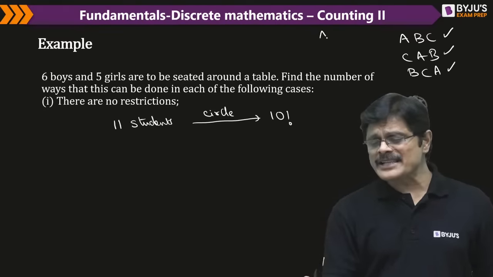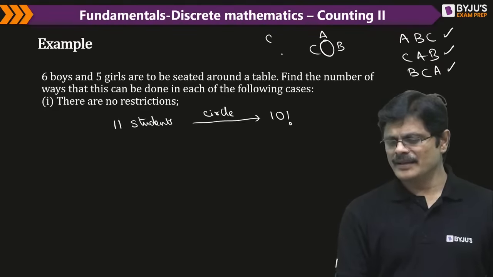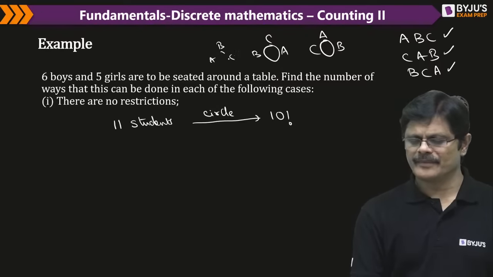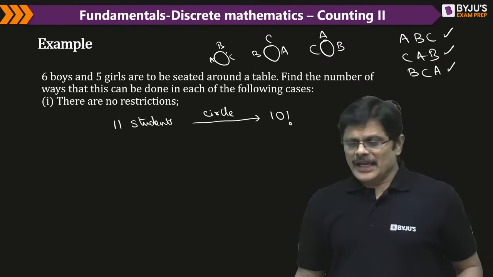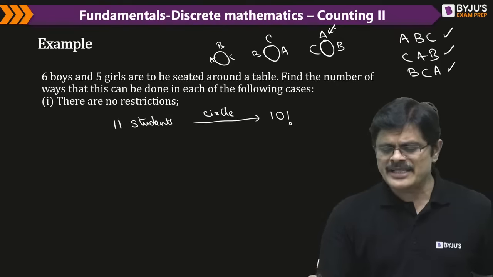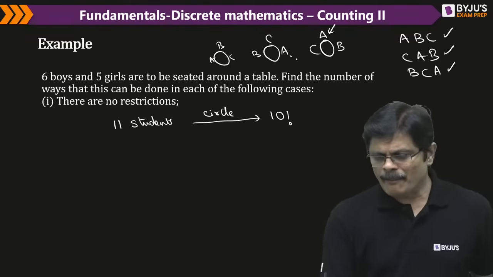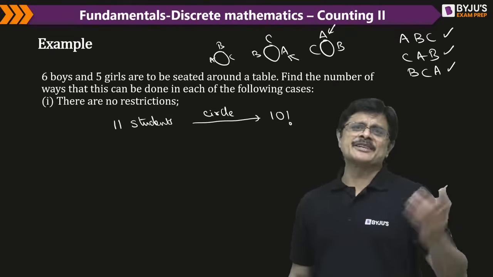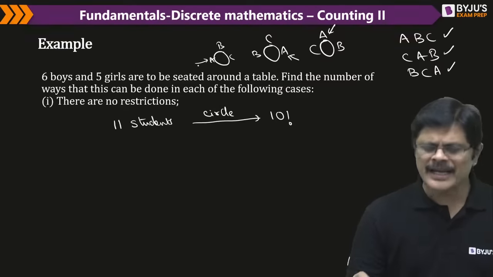But when you put them in a circle, if you see from here, it is ABC. It is actually CAB, but if you see from here, it is ABC. And if you see from here, it is ABC.